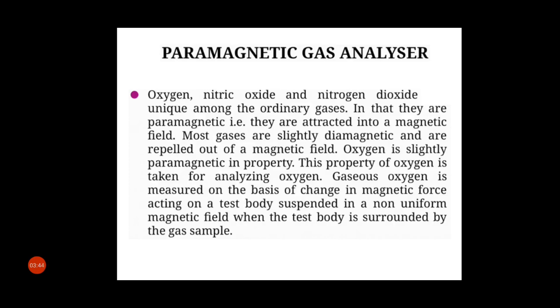So we analyze the percentage of oxygen by introducing the sample into a chamber which contains a test body suspended in a non-uniform magnetic field, surrounded by the gas sample.